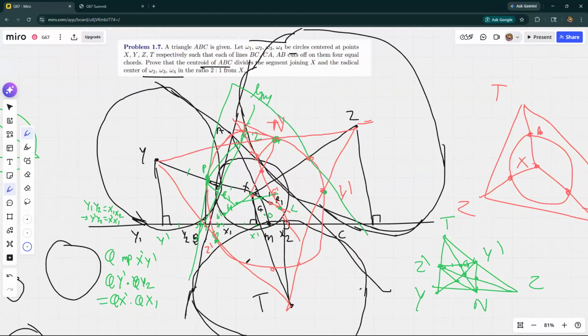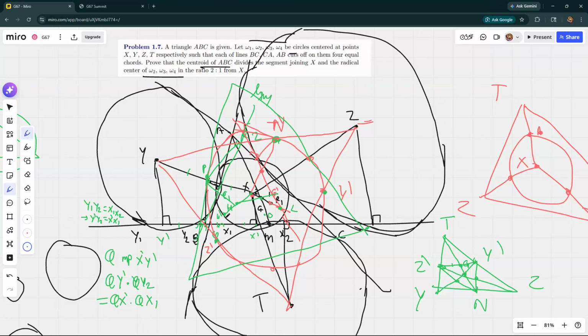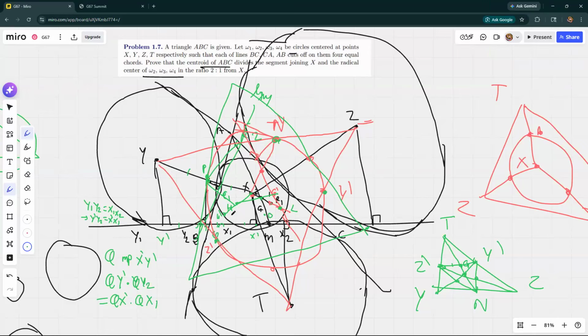The green lines are the perpendicular bisectors of XY, XZ, XT, which are the homothety of H. And similarly, we can consider LYZ, LZT, and LTY.